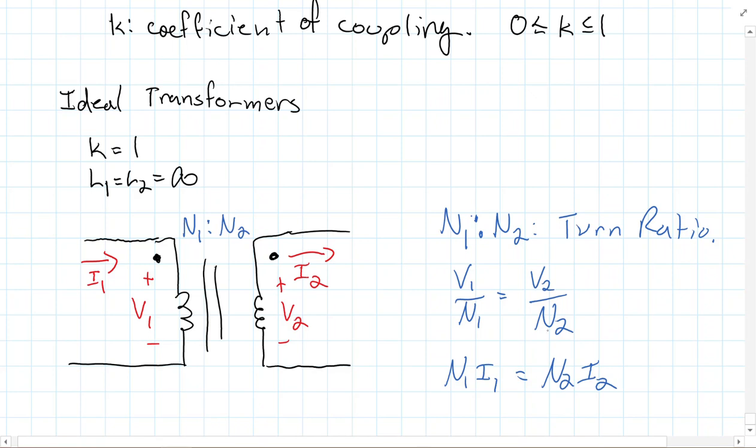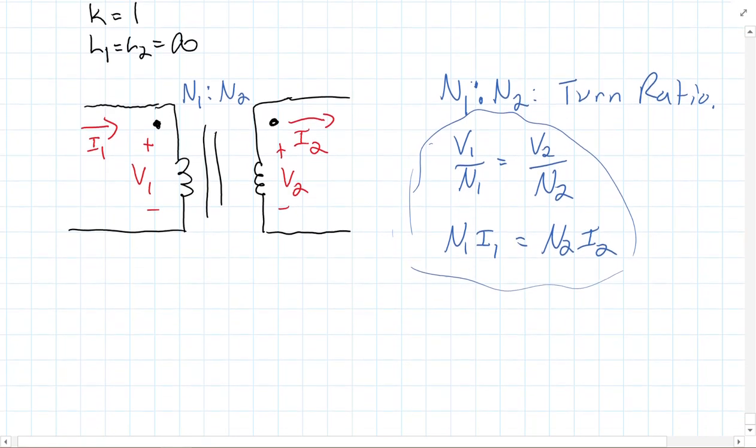Yeah, there's four unknowns here, but it gives us two equations already, and so you can just write two more equations using loops, and you'd have four equations, four unknowns. What we typically would do, if you remember, is that we would use these here to substitute in and simplify equations. So that's again doing this N1 to N2. And remember, when we said the turn ratio, it was literally referring to the number of turns of the coil, like the wrappings compared to the other one.